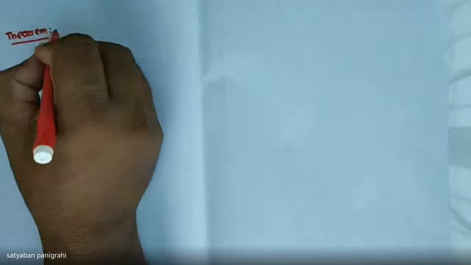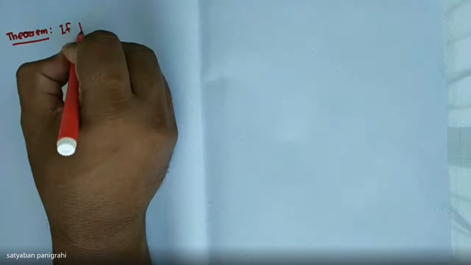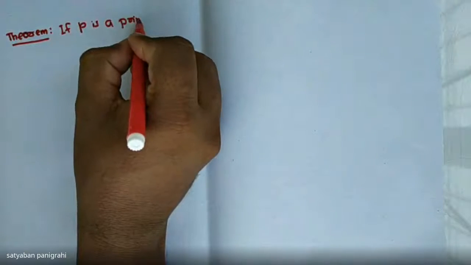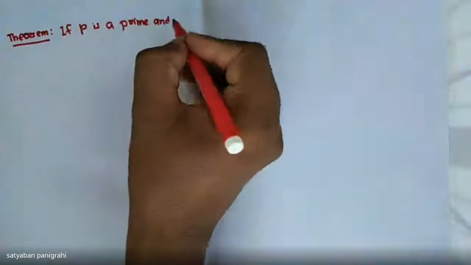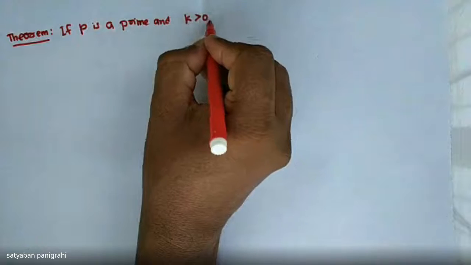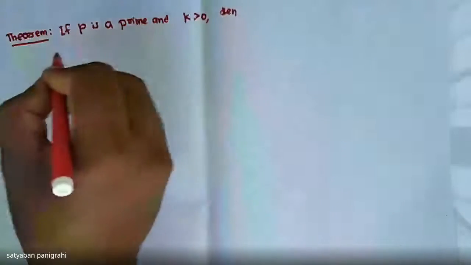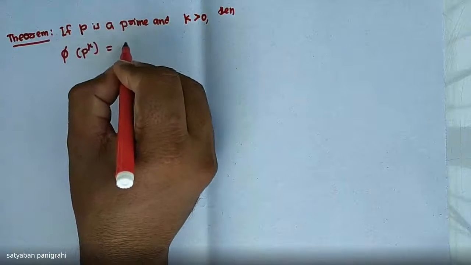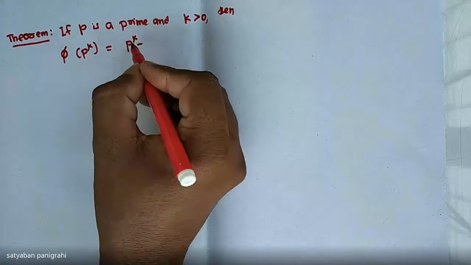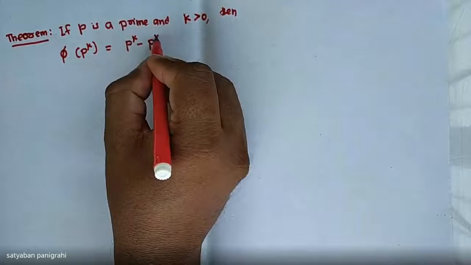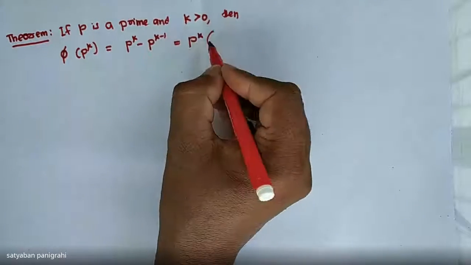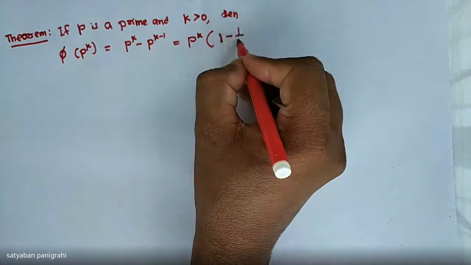What does it say? If p is a prime and k is greater than 0, then phi of p to the power k will be p to the power k minus p to the power k minus 1, or that is simply p to the power k, taking outside, 1 minus 1 divided by p.